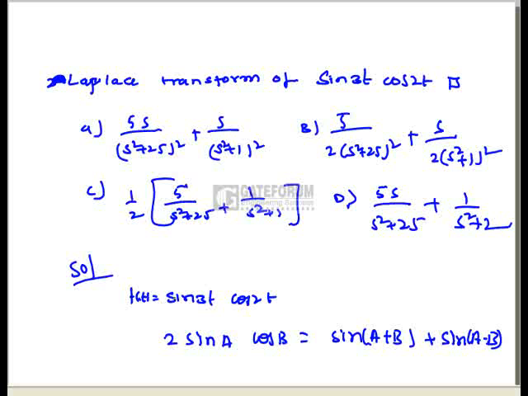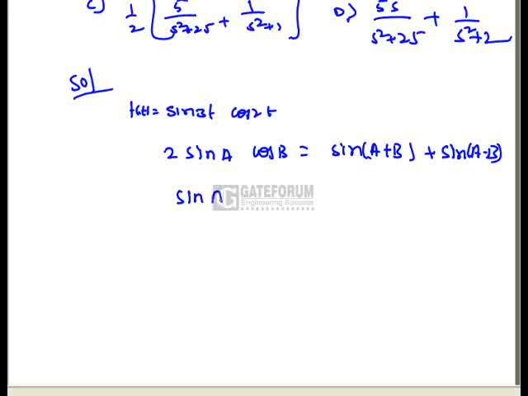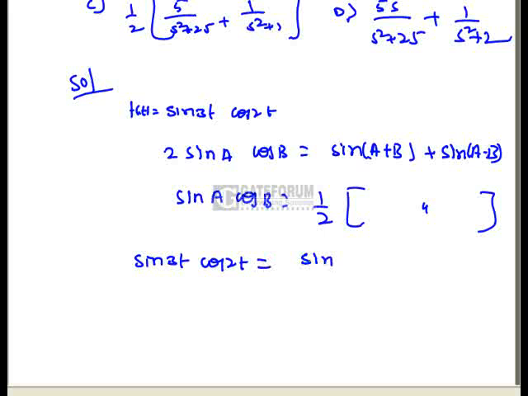Here 2 times is not given, so sin a cos b equals 1 by 2 times sin of (a plus b) plus sin of (a minus b). Now I am converting this: sin 3t cos 2t equals sin of a plus b, where a is 3t and b is 2t. So that is 3t plus 2t, which is 5t, plus sin of a minus b, that means sin t.